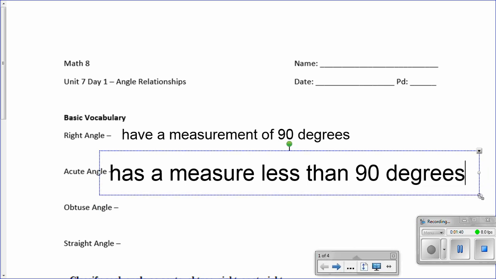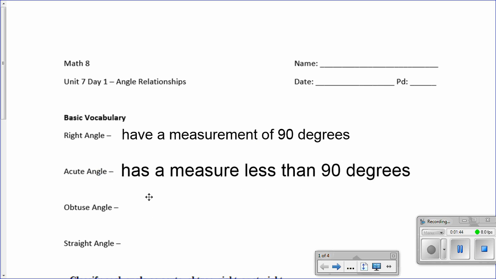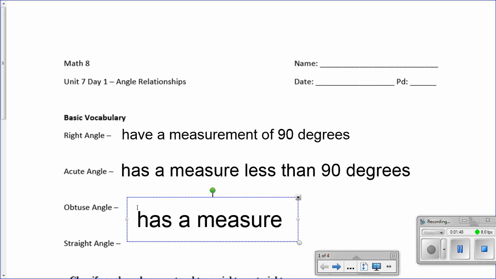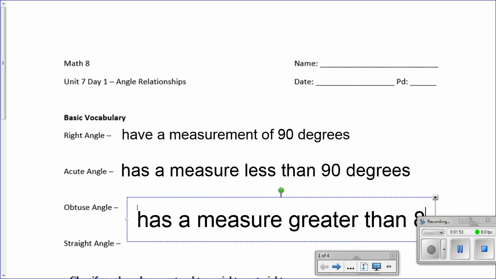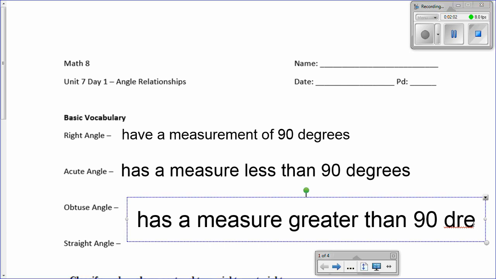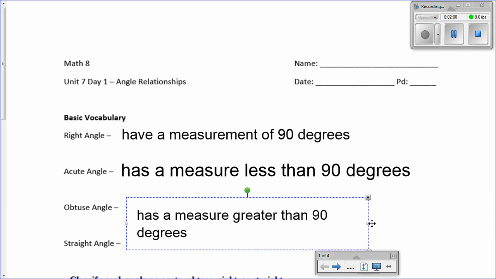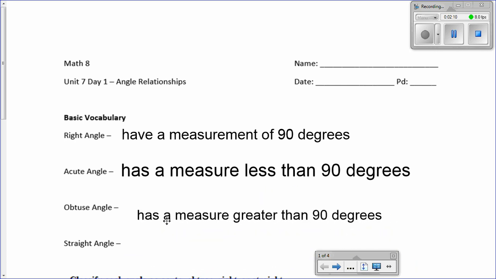So it has a measure less than 90 degrees, where an obtuse angle has a measure greater than 90 degrees. What did I write? That's not how you spell degrees. Degrees. Make it smaller, and there you go.